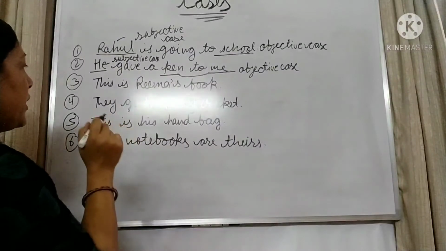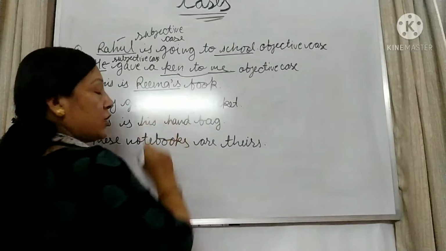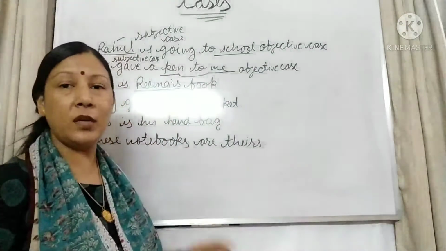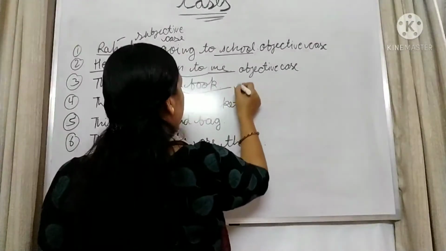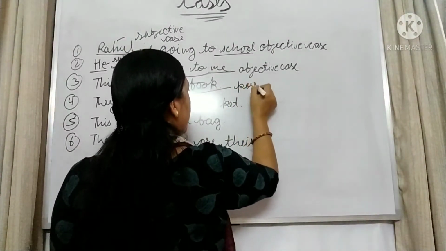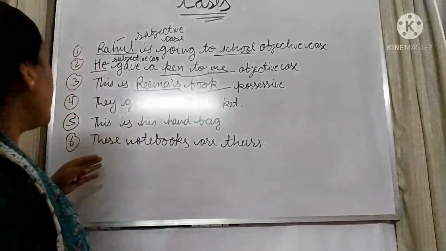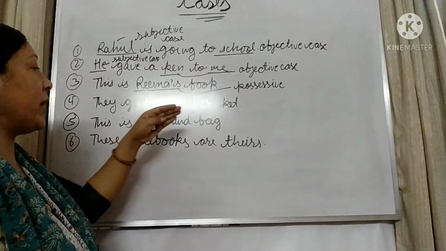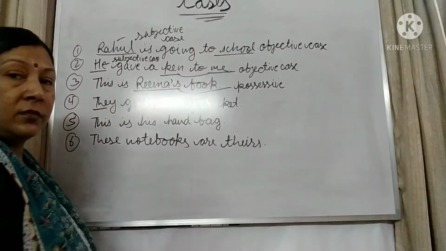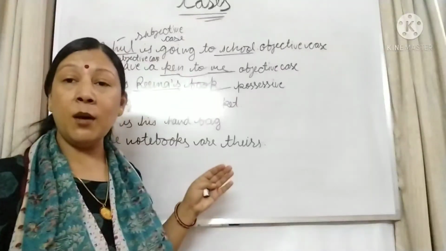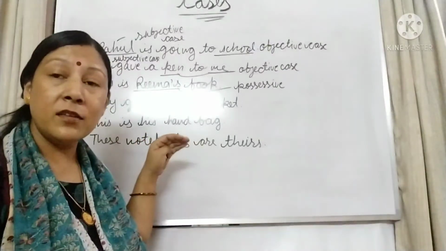This is Rima's book. Rima's is showing possession, ownership. So what is Rima's? This is possessive case. Good. In the third, they go to play cricket. They is in this sentence a pronoun and plays the role of the subject.